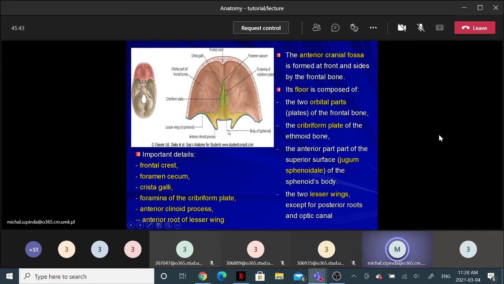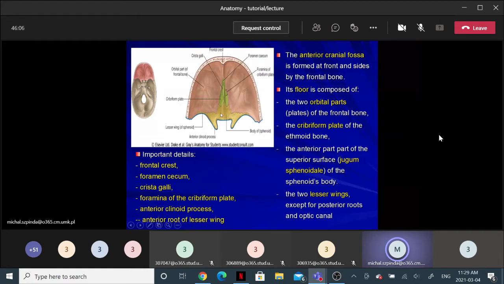No optic canal in the anterior cranial fossa. All three bones participating in the formation of the anterior cranial fossa are unpaired: frontal bone, ethmoid bone, and sphenoid bone.